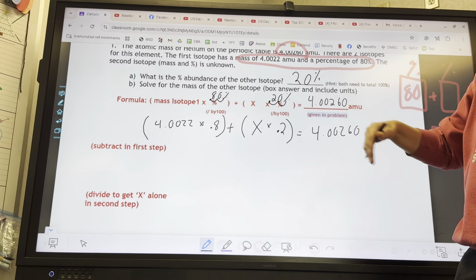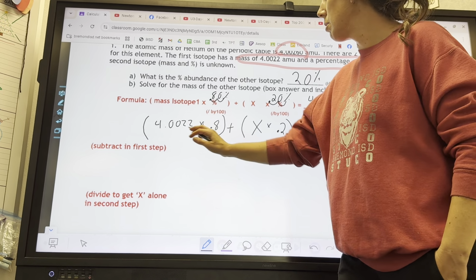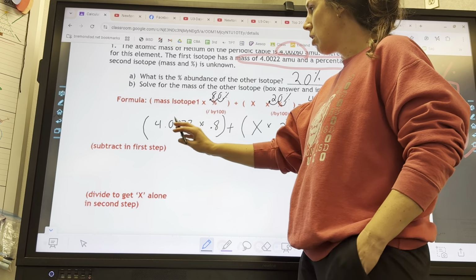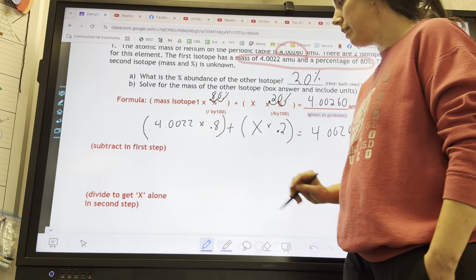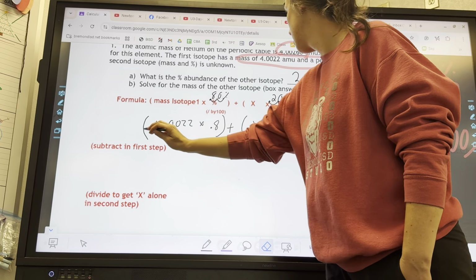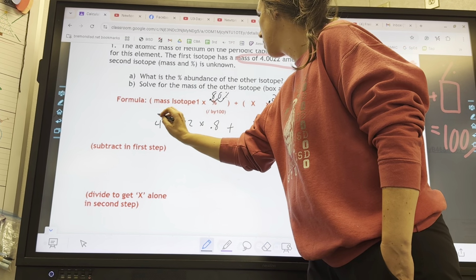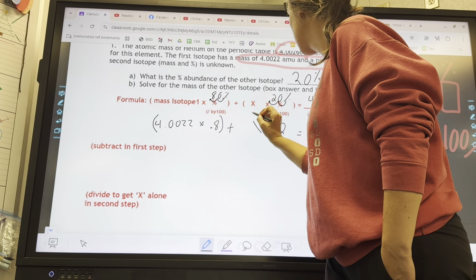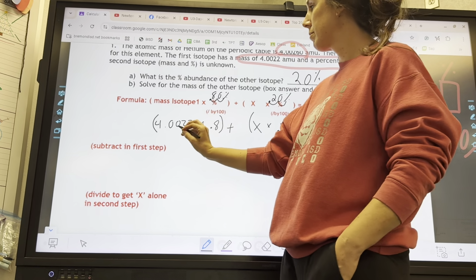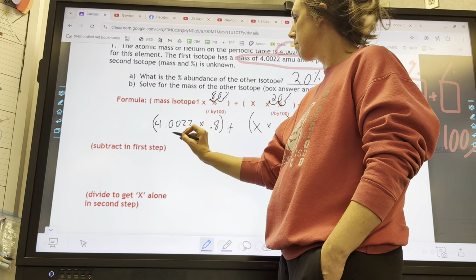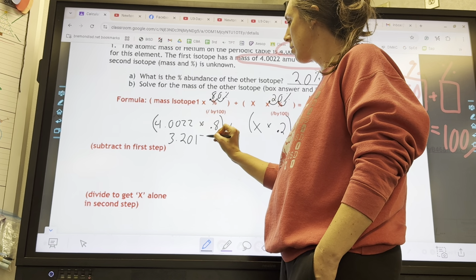Okay, and before we get into the first thing, let's actually do what's in the parentheses. So ready? On your calculator, what's 4.0022 times 0.8? 3.2017.